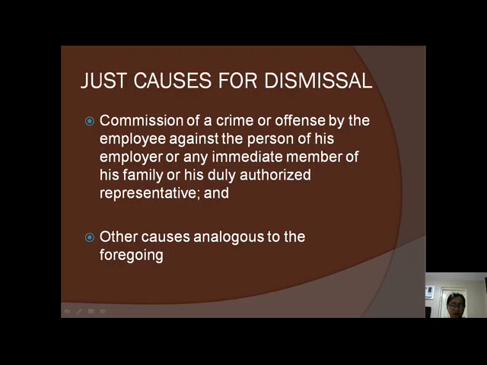Otherwise, if it is not within these circumstances or causes, then it will be declared, it will be considered as illegal dismissal, no? So again, very important to take note of the reason or the cause of dismissal. It should fall under these just causes, no, or valid causes of dismissal.